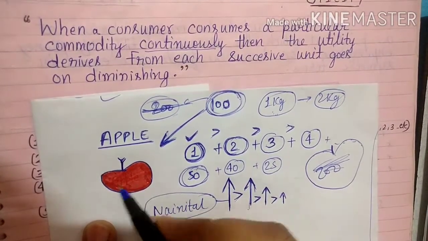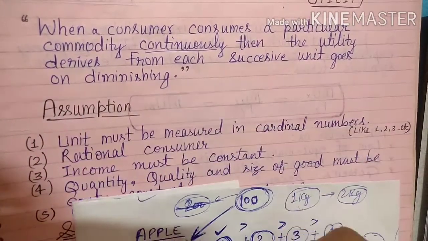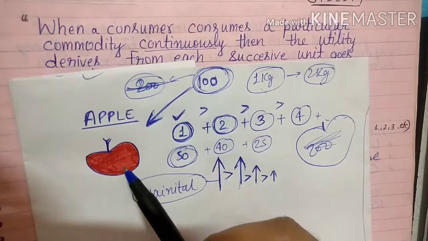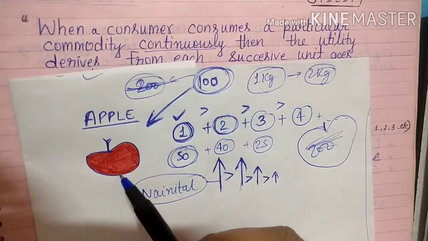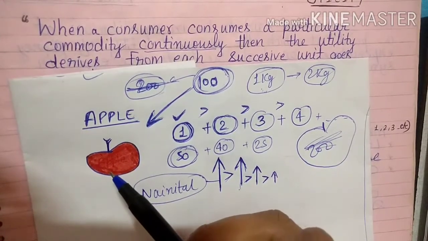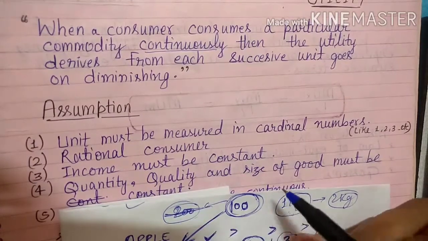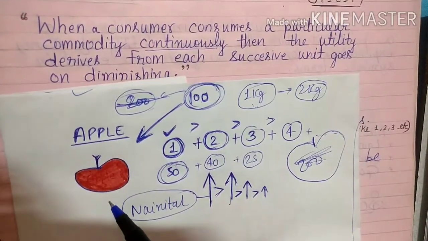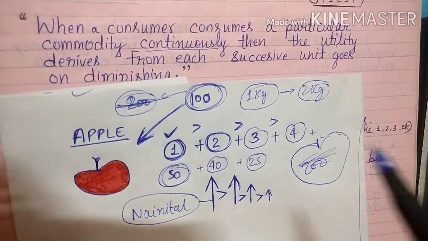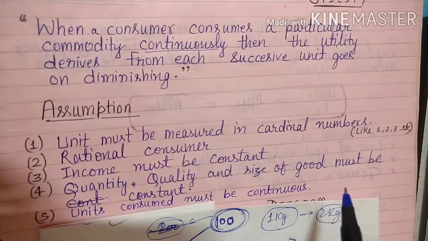So the size, or quantity, should remain the same. Quality also should not differ, like a Kashmiri apple and an ordinary apple, because the Kashmiri apple is tastier, so the satisfaction from it is more. So the quality should remain the same. It should not be that we take the first apple smaller and the second apple bigger. So quantity, quality and size of the good must be constant.